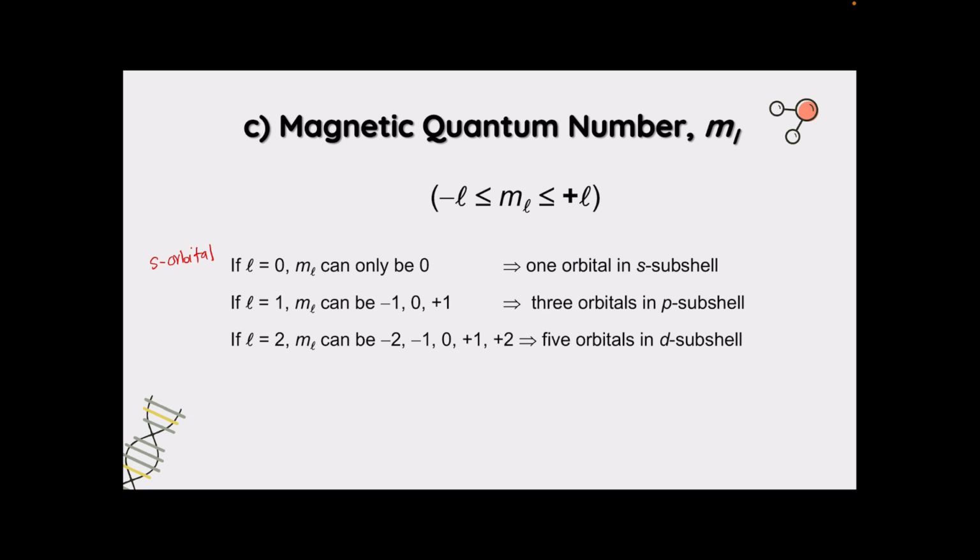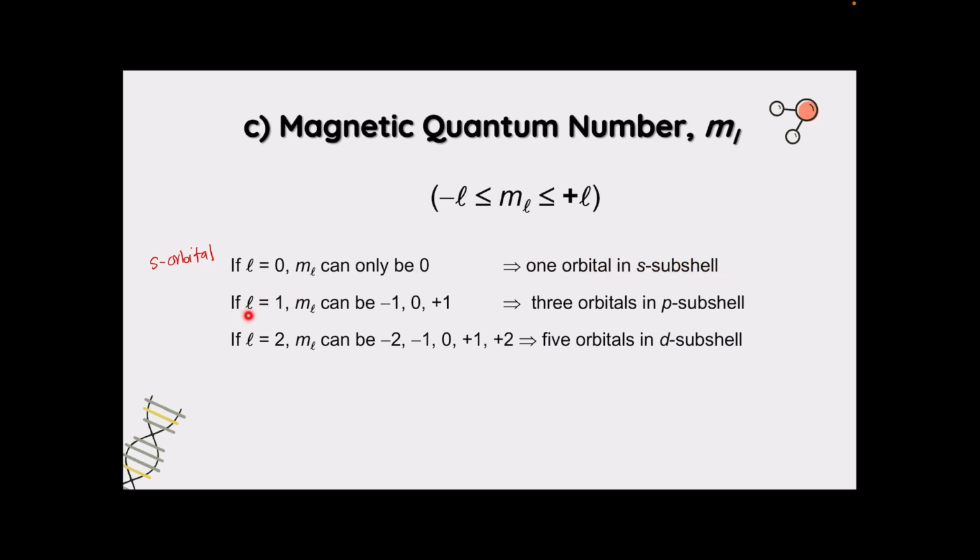So in S orbital, when the value of L is 0, ML can take only the value of 0. So since here we have one number, it means we will have one orbital in S subshell.